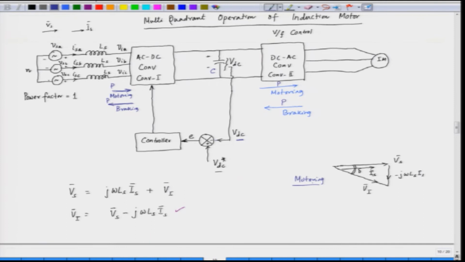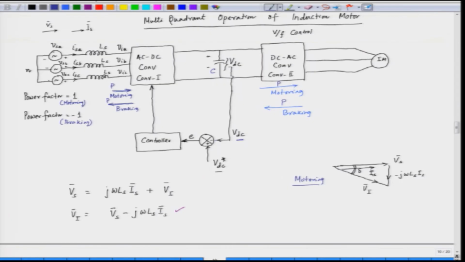Now, for braking, the power factor should be minus 1. So, the power factor should be 1 for motoring and minus 1 for braking. For the braking condition, the power is negative, which is the flow into the supply.